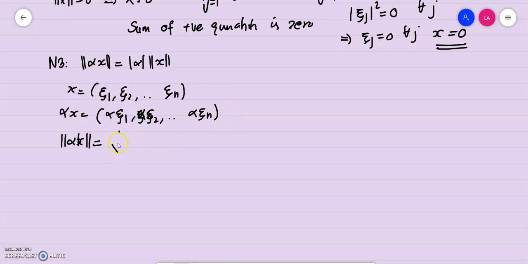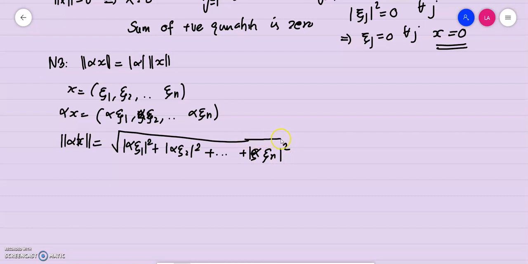That is, square root of modulus of alpha theta 1 the whole square plus modulus of alpha theta 2 the whole square plus etc. plus modulus of alpha theta n the whole square.